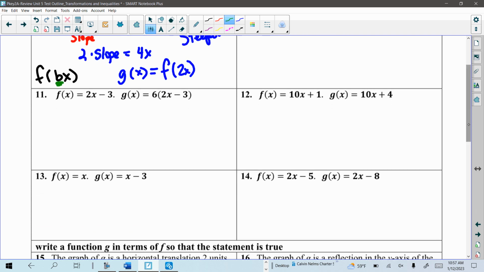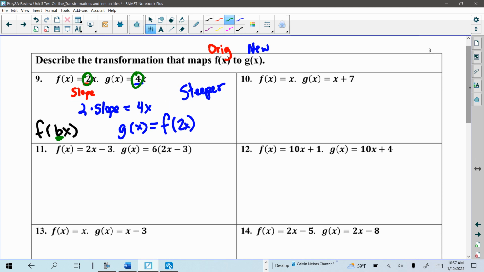Yes! Okay. So if you look at 10, we have f of x equals x. This is the original. And then g sub x changed to x plus 7. So which rule is dealing with adding? Move left, c units?